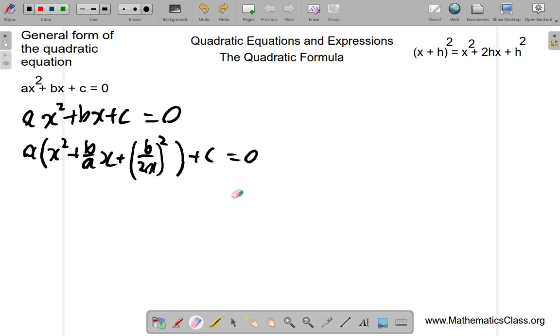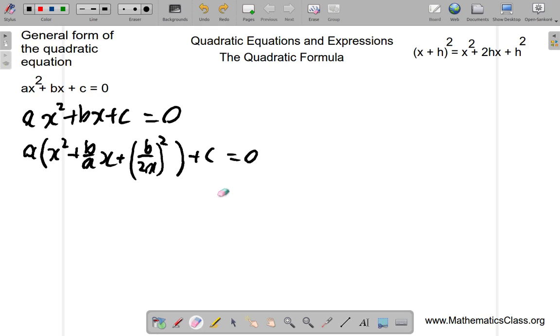Alright. Now we have a little issue here. This b over 2a squared was not there before. That means you changed the equation. We're going to have to remove it. We're going to have to subtract what we just added. But then the thing is, we already have what is inside the bracket exactly how we want it. So we're going to have to come outside the bracket and subtract it.